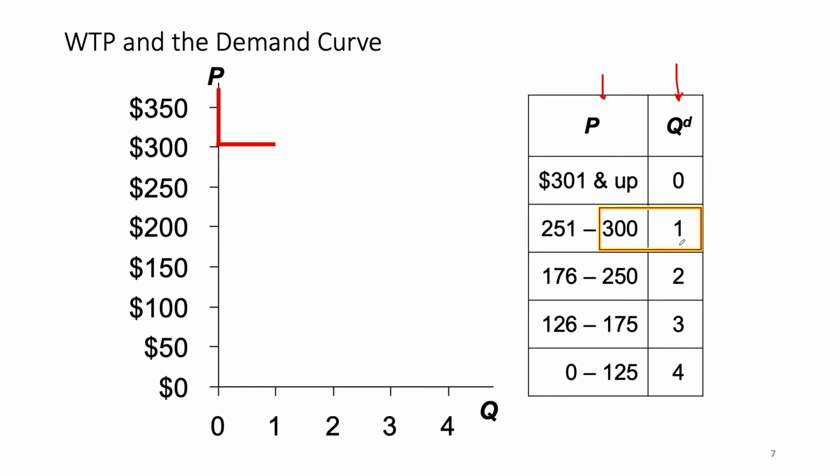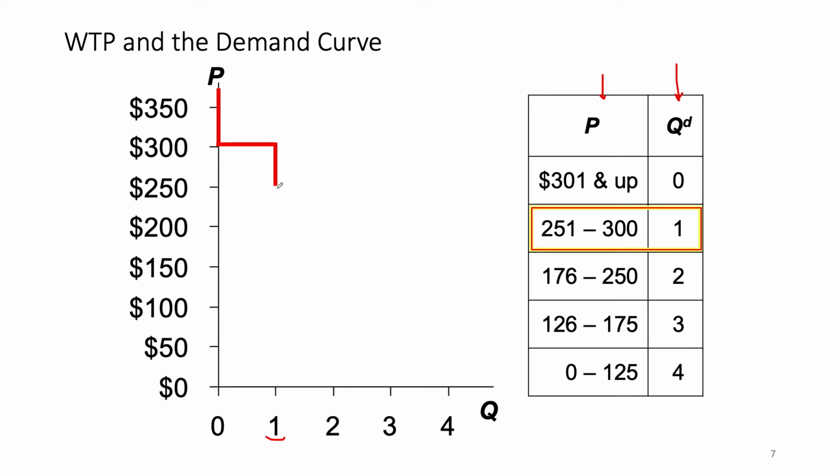When the price drops exactly to 300, now the first consumer jumps into the market and we have positive demand inside this market, and the demand is 1 unit. So when the price is 300, we move quantity demanded to 1 unit, and it stays at that 1 unit till the price drops to 250. Between 251 and 300, there's still only 1 unit of quantity demanded.